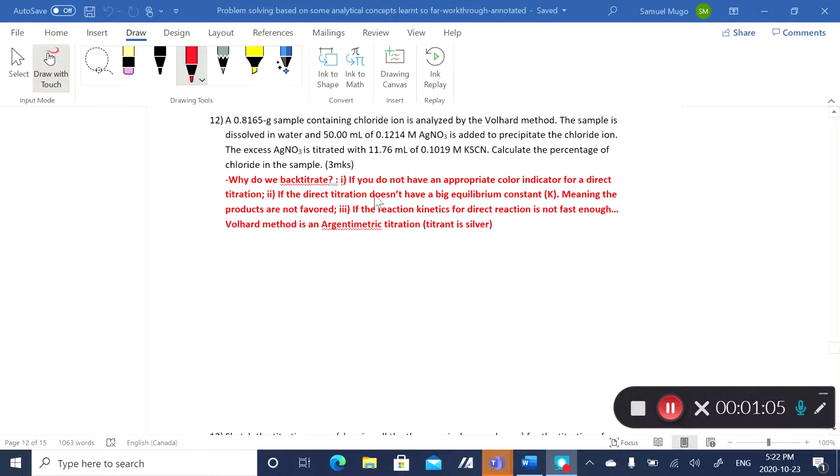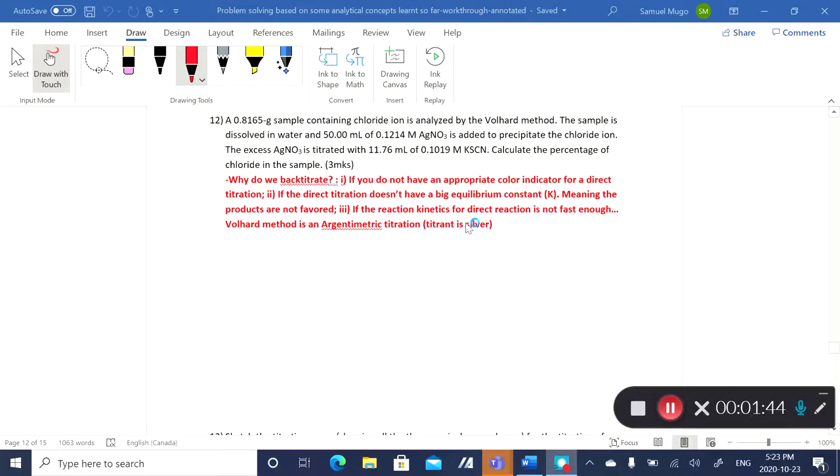Remember, we back titrate for a couple of reasons, such as if you do not have an appropriate color indicator for a direct titration, maybe you need to do a back titration. Also, if you have a direct titration reaction that doesn't have a very big equilibrium constant, meaning that the products are not favored, then you need to do a back titration.